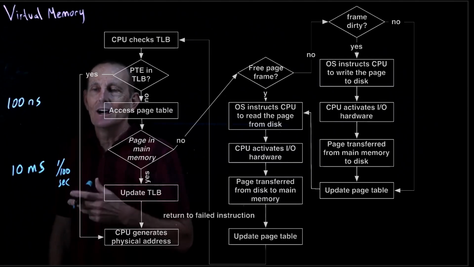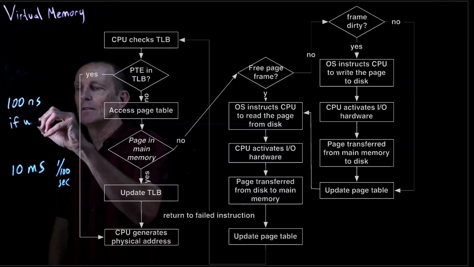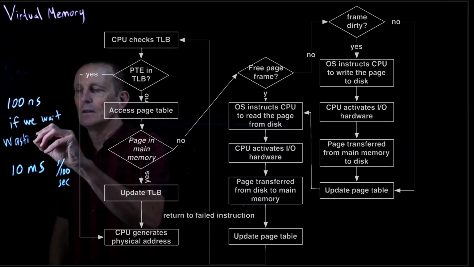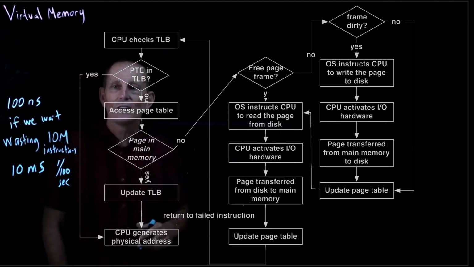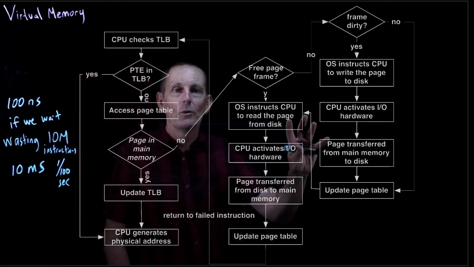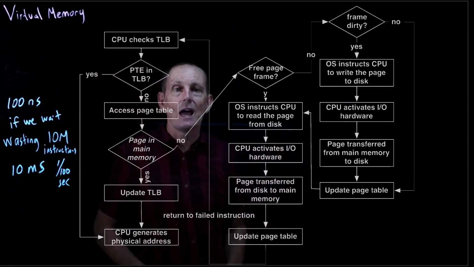And so in 1/100th of a second, we can do about 10 million instructions. So if we wait, we're wasting 10 million instructions. Something tells me we could get some useful work done while we're waiting for this page to be transferred from disk to main memory. And in fact, that'll happen.